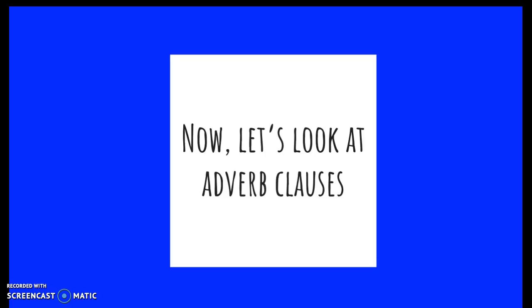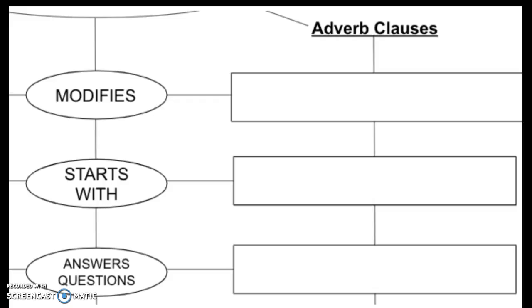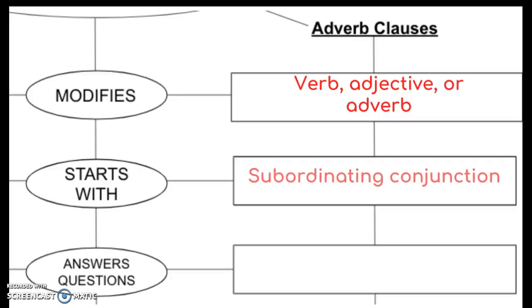All right, let's move on to adverb clauses. So adverb clauses modify verbs, adjectives, or adverbs just like regular adverbs do and just like adverb phrases do. But adverb clauses start with a subordinating conjunction. Now the list of subordinating conjunctions is again in your interactive notebook or up on the board with those anchor charts.